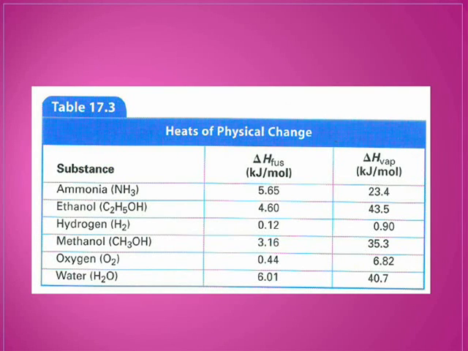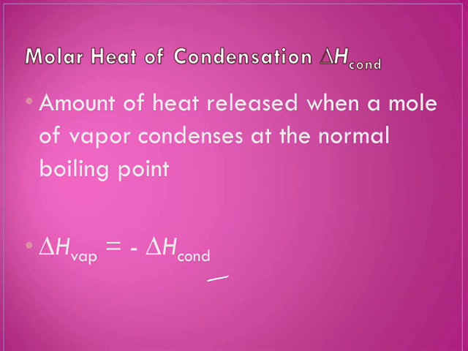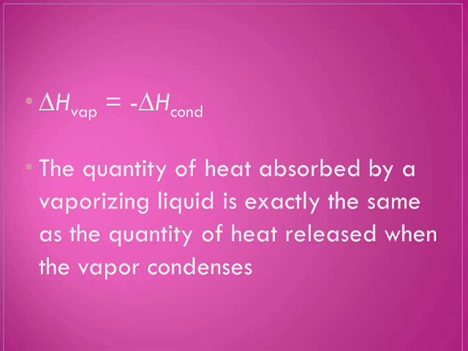And again, here's the heat of vaporization, and it's the exact opposite of the heat of condensation we show here: the amount of heat released when a mole of vapor condenses at the normal boiling point. Equal but opposite sign. So the quantity of heat absorbed by a vaporizing liquid is exactly the same as the quantity of heat released when the vapor condenses.